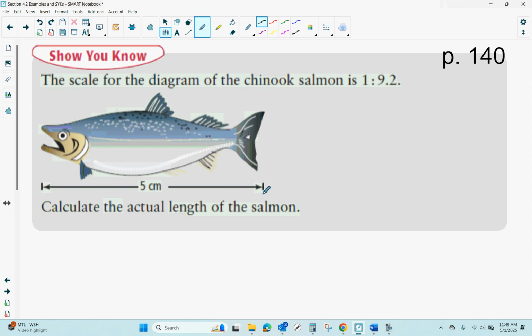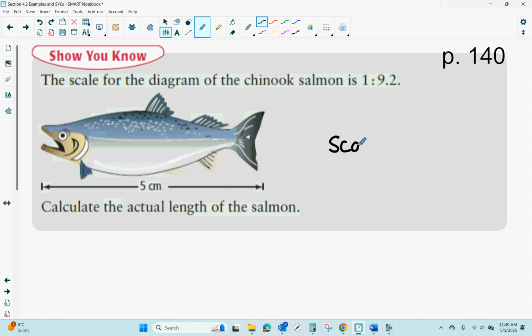Okay, so hopefully you've had a chance maybe to try this one yourself. We're given a scale for the diagram of the Chinook salmon. The scale is 1 to 9.2. That means 1 part on the diagram is equal to 9.2 parts in real life. Calculate the actual length of the salmon if the length of the diagram is 5 centimeters.